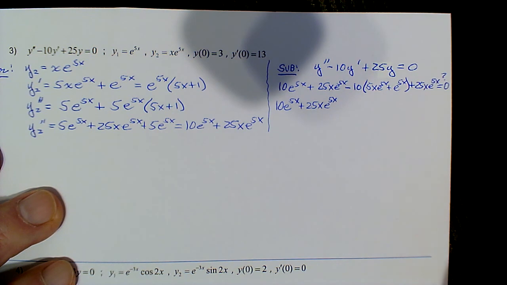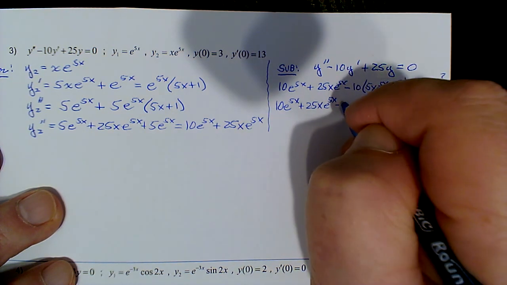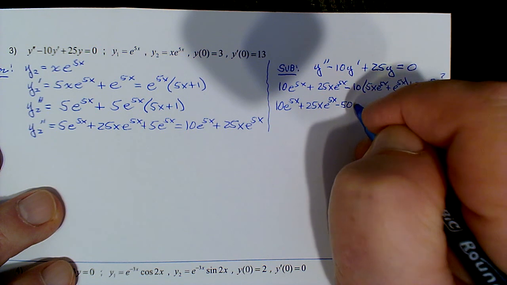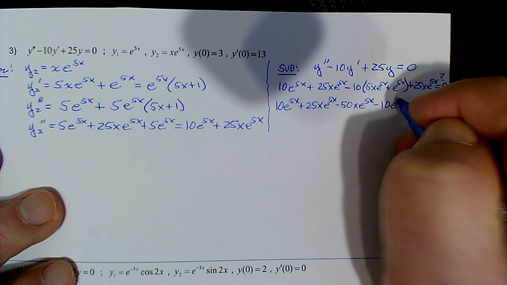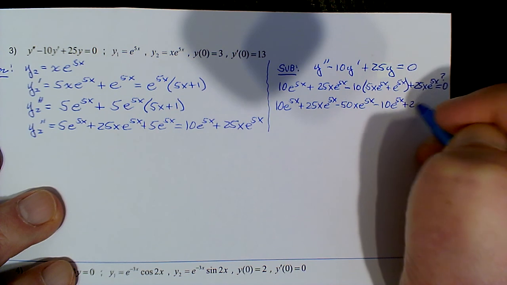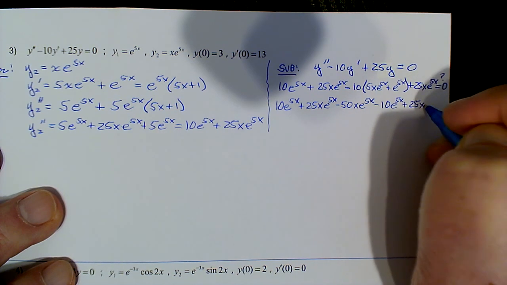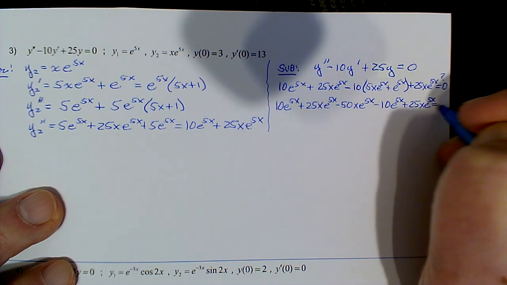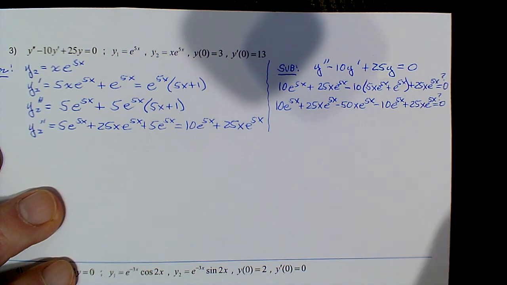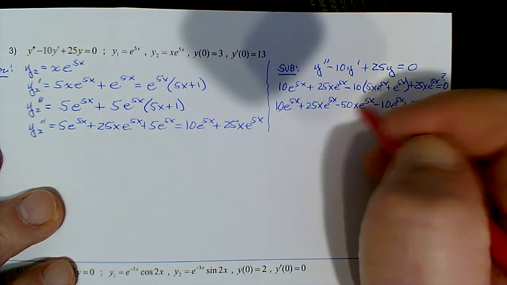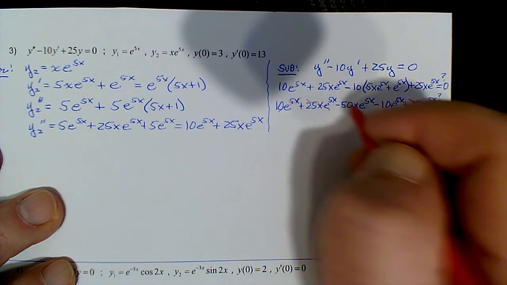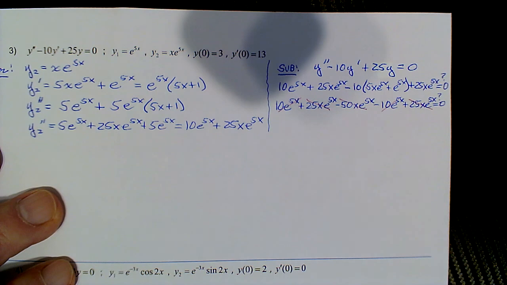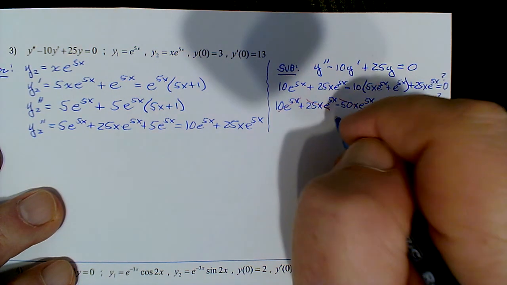Distributing the negative 10, negative 50x e to the 5x minus 10e to the 5x, and then we've got the 25x e to the 5x, and that's equal to 0, and again we don't know yet, but now it's obvious because the 10e to the 5x's go away, and this 25 and this 25 make up 50x e to the 5x, which cancels with that negative 50, and 0 equals 0, so it's verified.